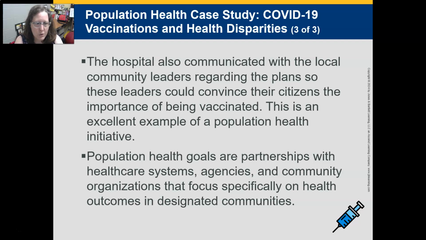Population health goals are partnerships with healthcare systems, agencies like public health agencies, and community organizations that focus specifically on health outcomes in designated communities. So in this one, the health outcome was to increase vaccination rates so that we could decrease mortality for COVID-19, and the designated community was people of color in that Philadelphia area.